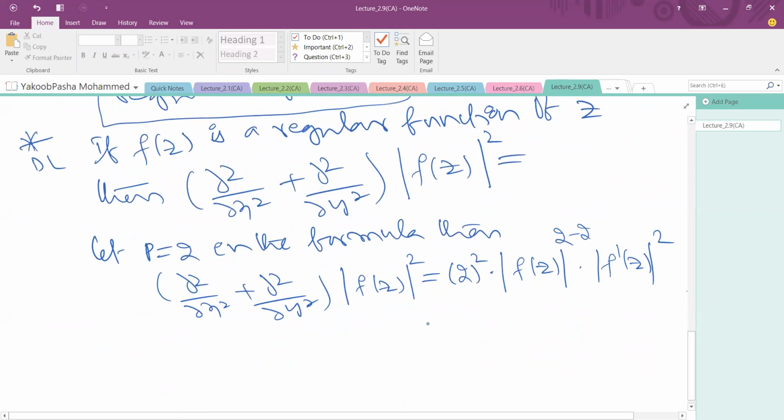This is equal to, we can write, 4 into modulus of f dash of z whole square. This is the result.